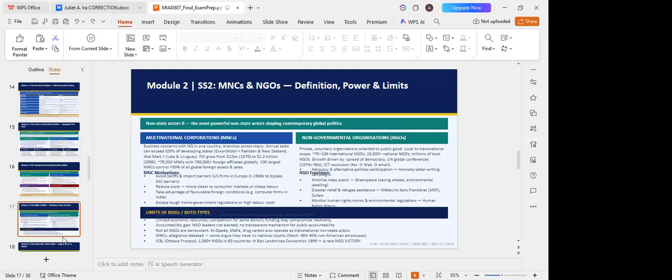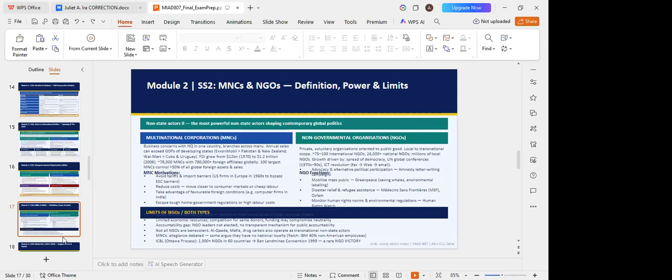They are not government organizations. The goal is for the good of the public, to enhance livelihoods or public activities. They are usually local to transnational in their scope. That is, a non-governmental organization usually starts locally and shifts across borders.